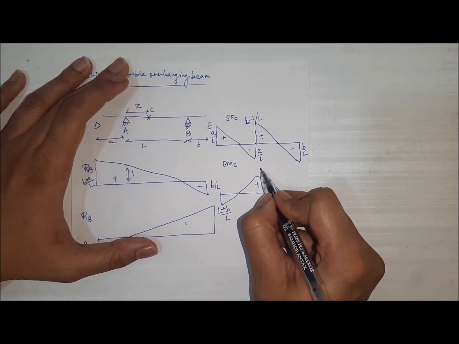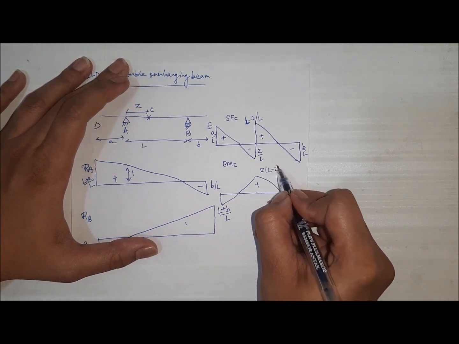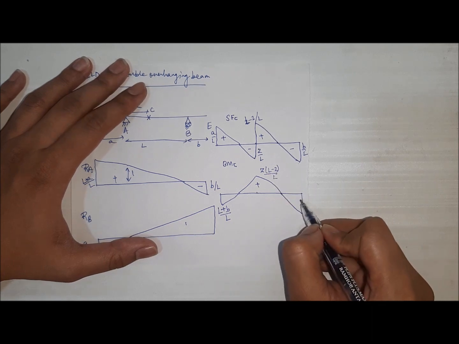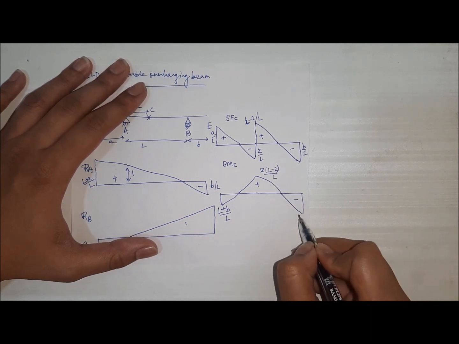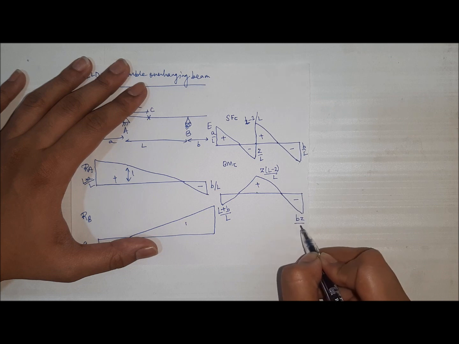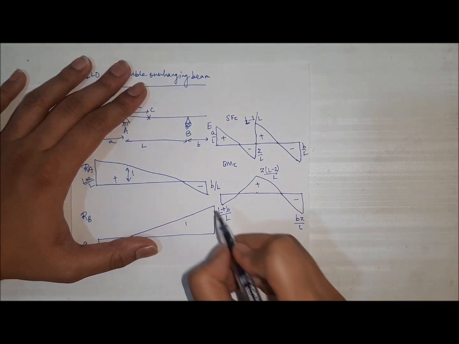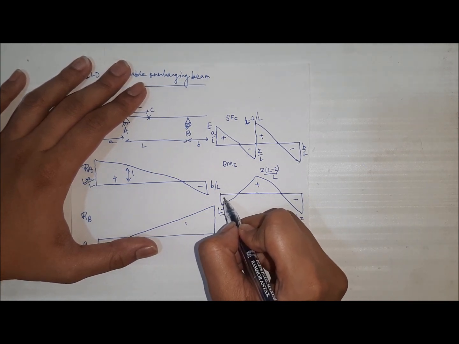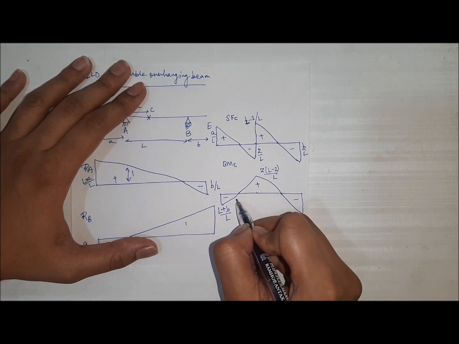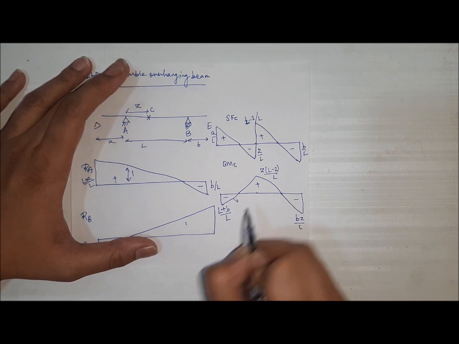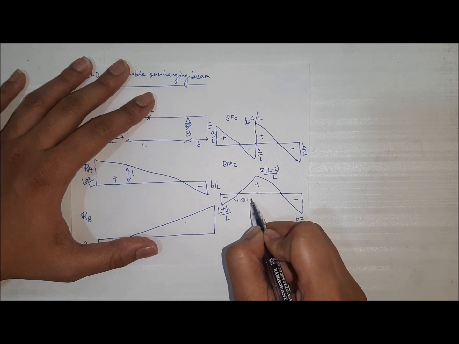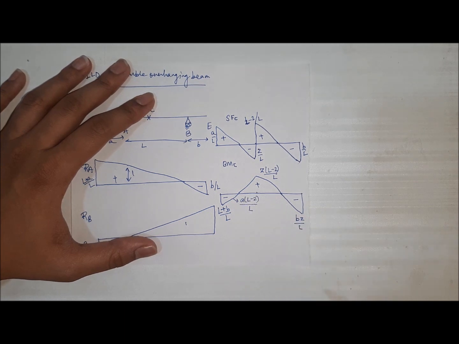The dimension over here is Z into (L minus Z) by L. This part will be negative, having a dimension bZ by L. Over here this portion will be negative with a dimension of a into (L minus Z) by L, right?